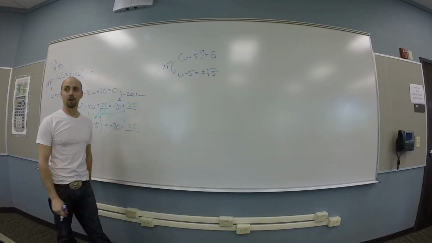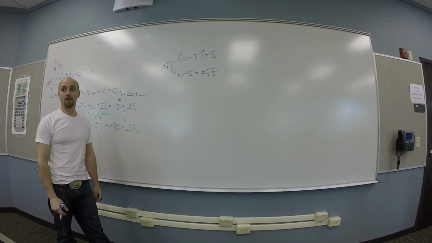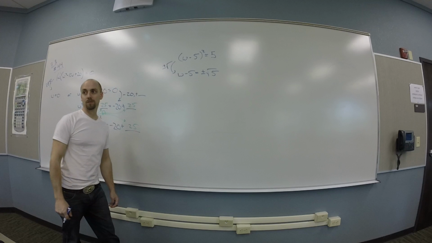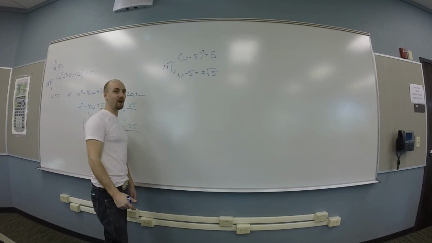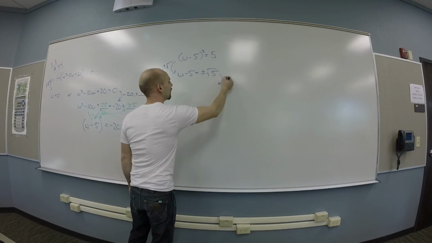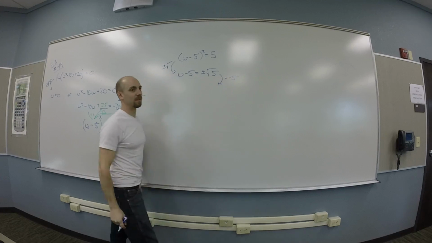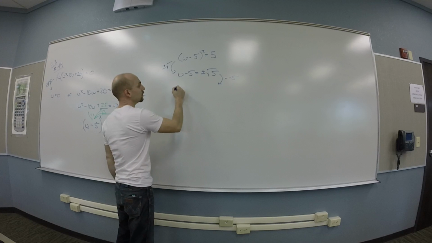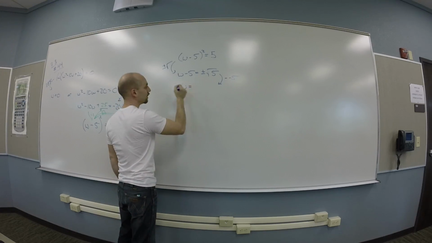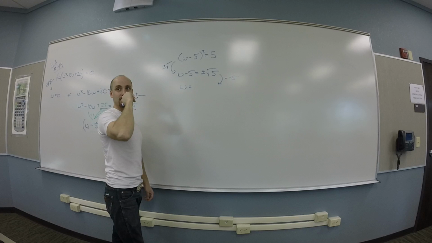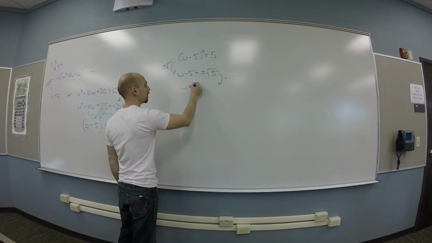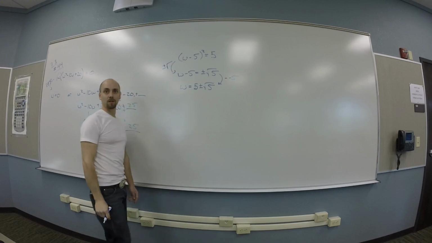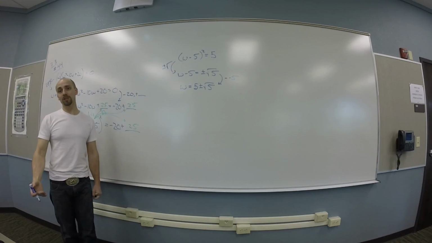Cool. Then what? You subtract 5, or add the 5, sorry. Subtract negative 5. Yeah. Add 5. We can subtract negative 5, that's fine. They're the same thing. So I've got W is 5 plus or minus the square root of 5, or plus or minus the square root of 5 plus 5, either way.